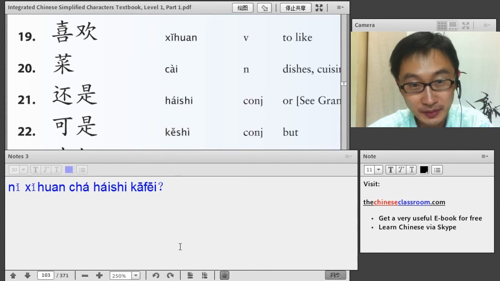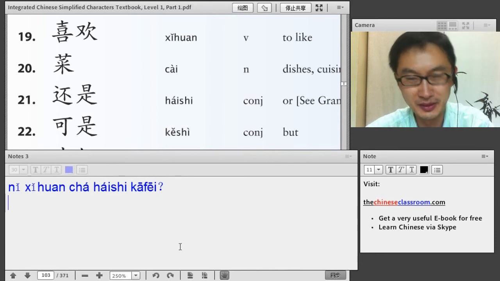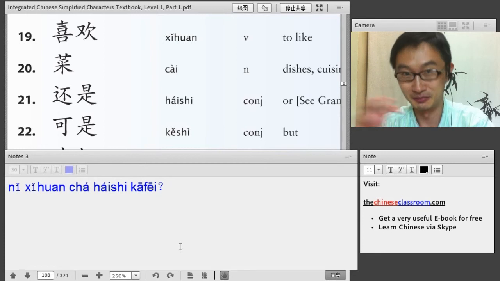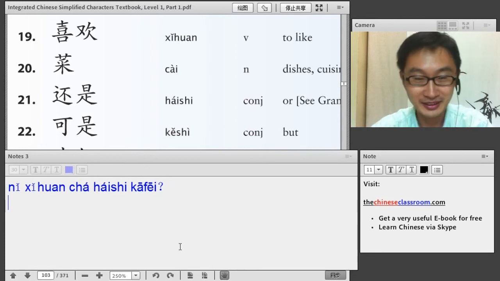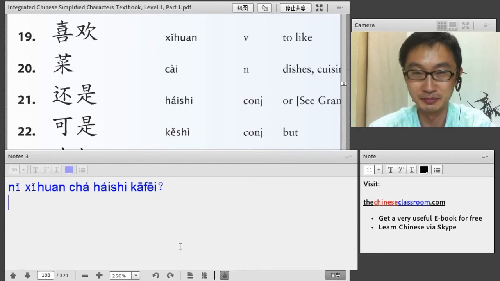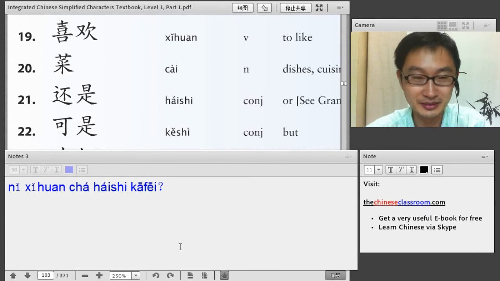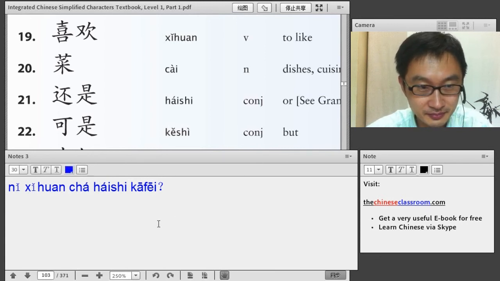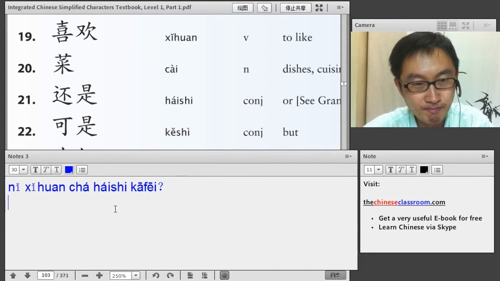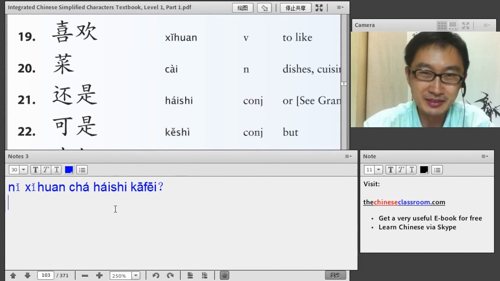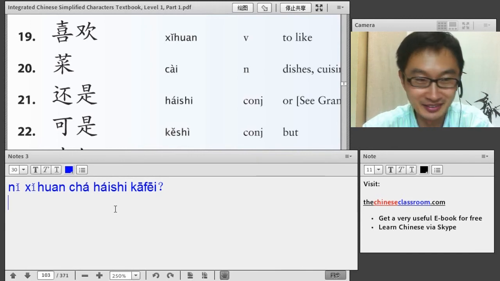Then another one, 可是, but, very similar. They both have 是, but 还是 is or, and 可是 is but, together 可是, but. For example, you can say I like tea, but today I drink coffee.